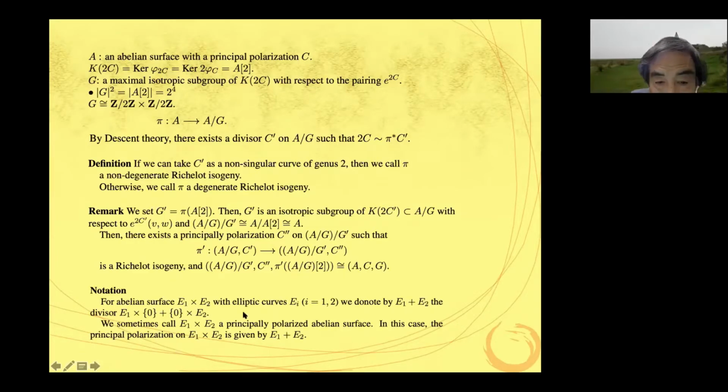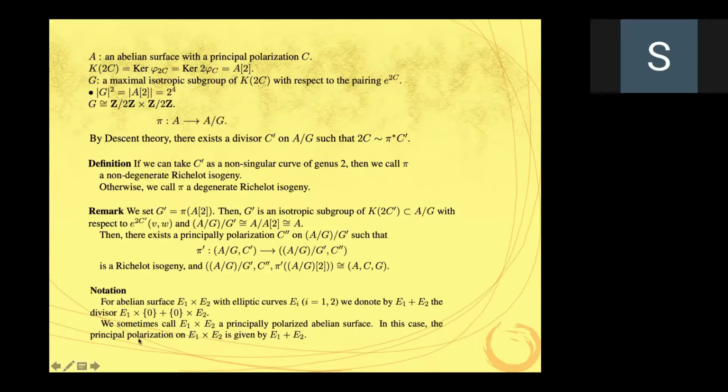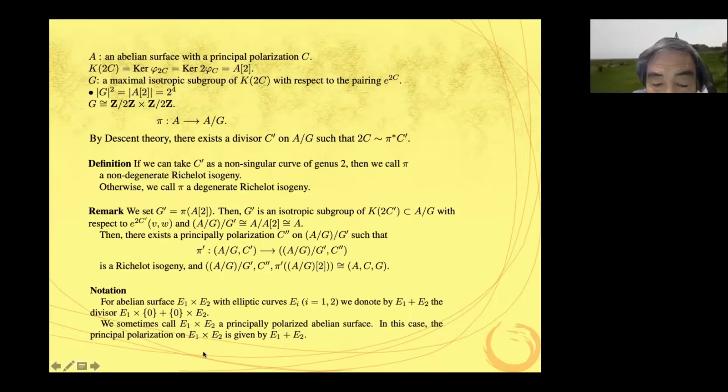And from here on, for a principal polarization like this, we denote it by E1 + E2 for the sake of simplicity. And we sometimes call E1 × E2 a principally polarized abelian surface, and in this case it has a principal polarization like this, E1 + E2. This is notation.